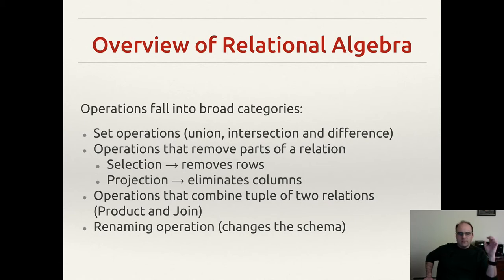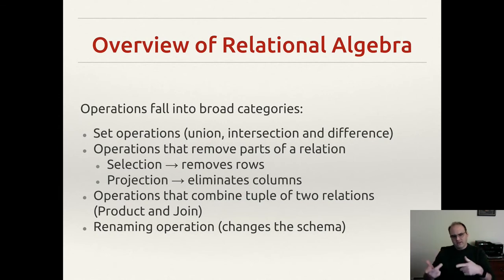What we're doing here is looking at each of those dimensions, and we're going to have an operator to remove one of those dimensions either way. Our selection operator is going to remove tuples, or rows. Our projection operator is going to remove columns. So now we can take our original relation and make it smaller.